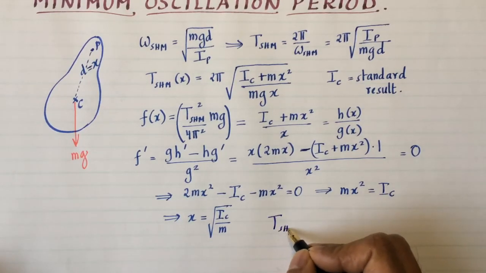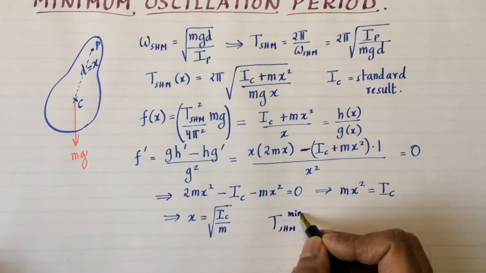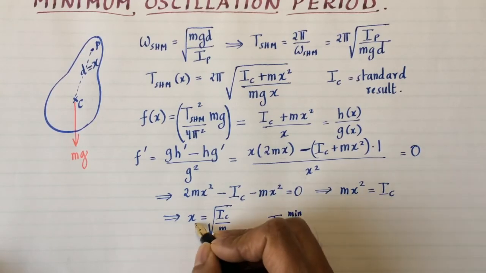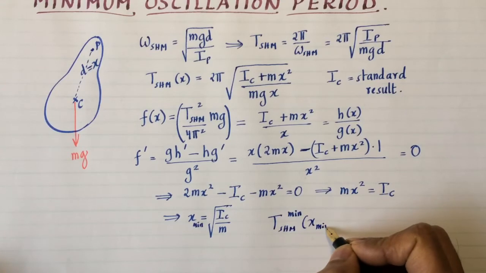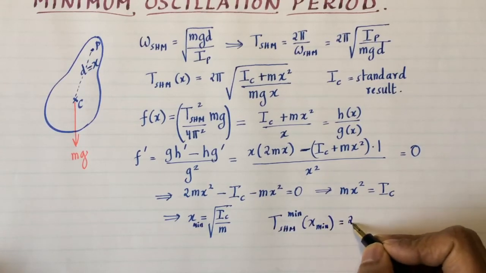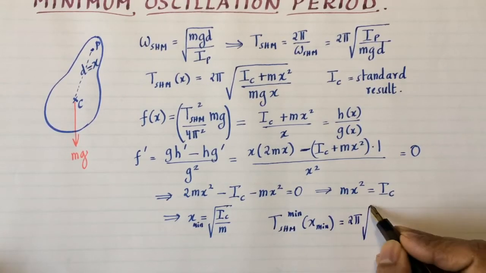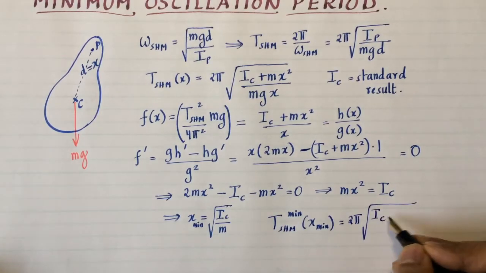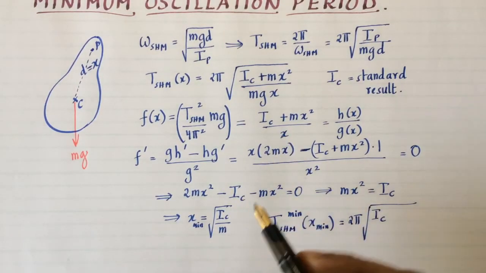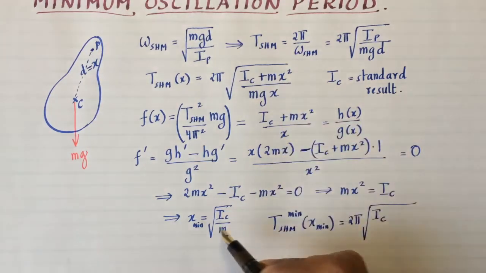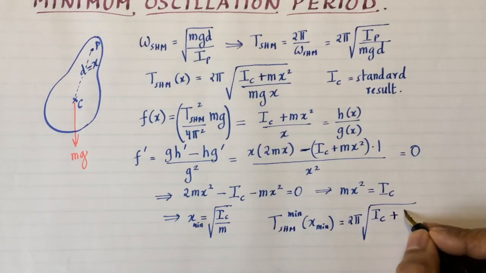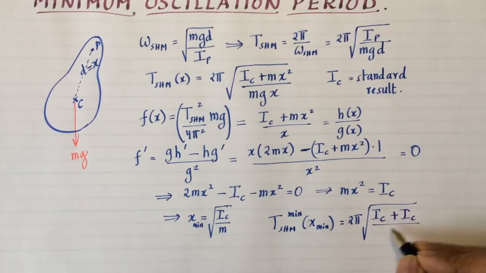The minimum period, T min, at this value x min would be equal to 2 pi times the square root of I sub c, plus when I take x squared, I'm going to get I sub c over m, and that m is going to cancel with the m here, so I'll just get plus another I sub c, divided by mg times the square root of I sub c over m.